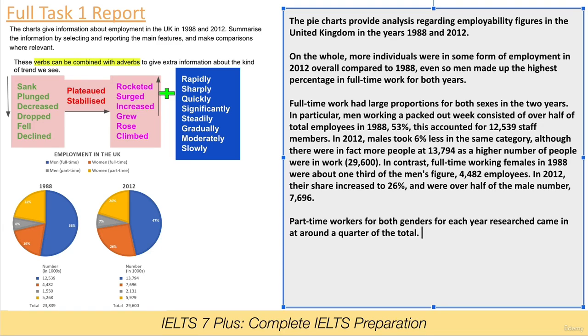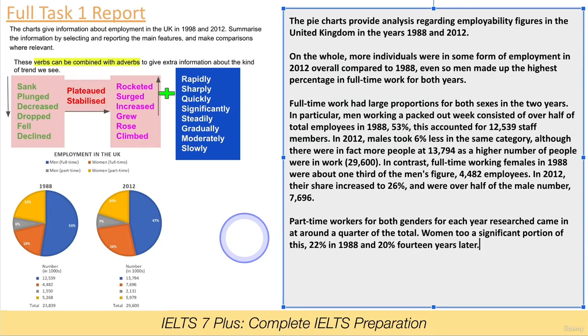Let's start with women this time. Women took a significant portion of this, 22% in 1988. And 20%, let's do 14 years later.